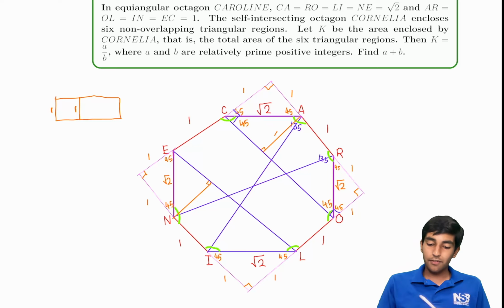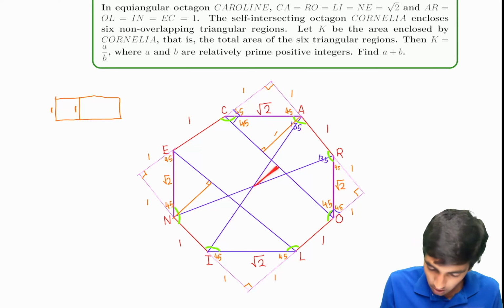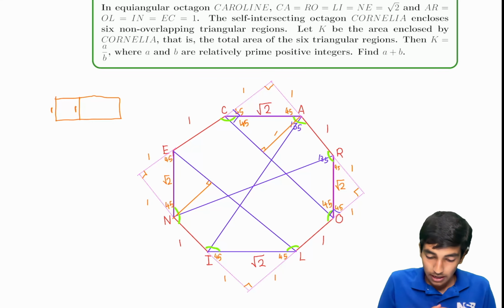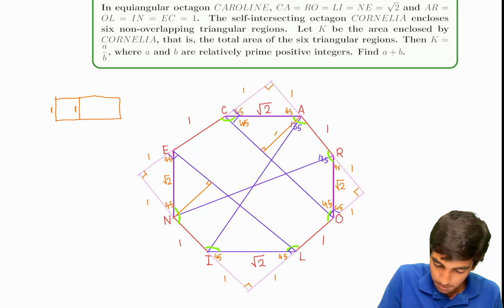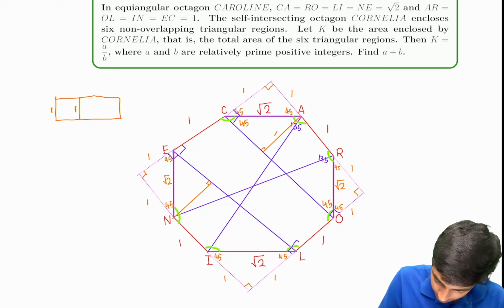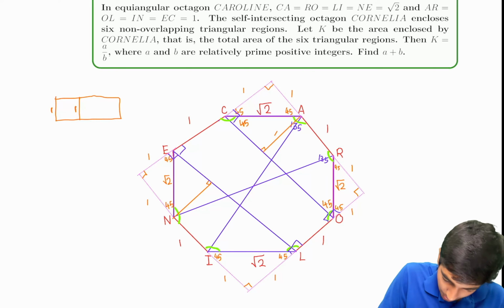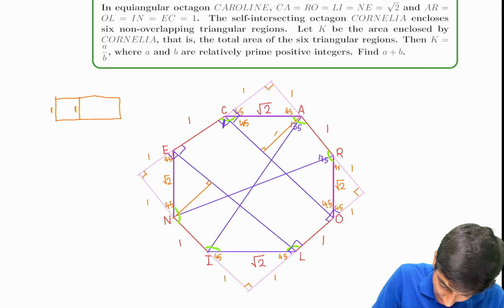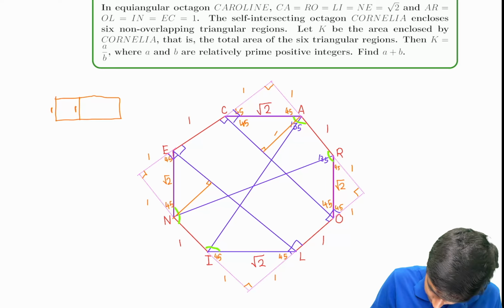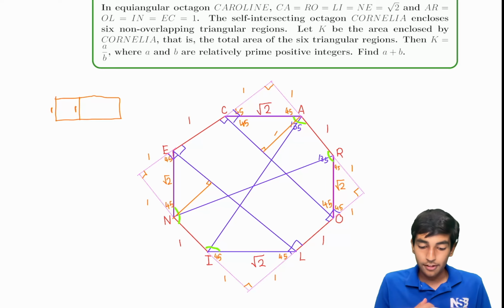Okay, so we found the height of this triangle. Next, what's the height of this triangle? Well, just like earlier, this is going to be 90, and this is going to be 90, just by symmetry. And that means this is 90, this is 90, this is 90, and this is 90. And now that means CELO is a rectangle as well. That's a rectangle at the center.